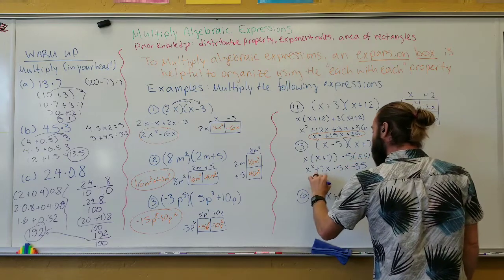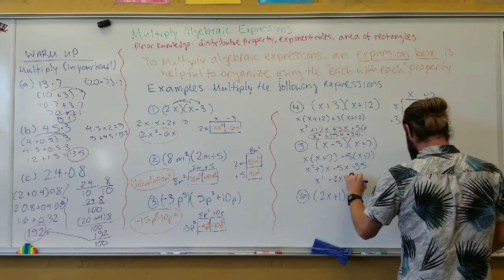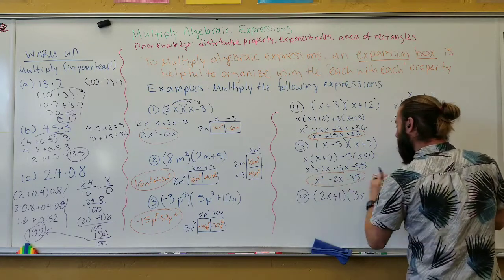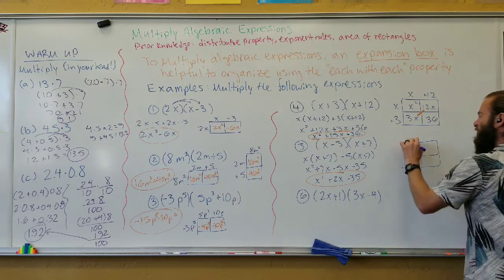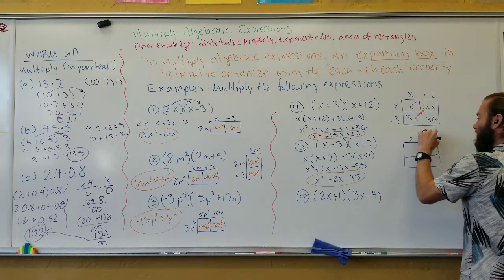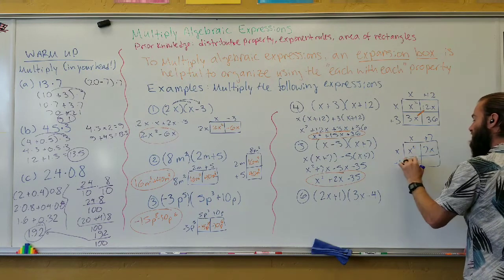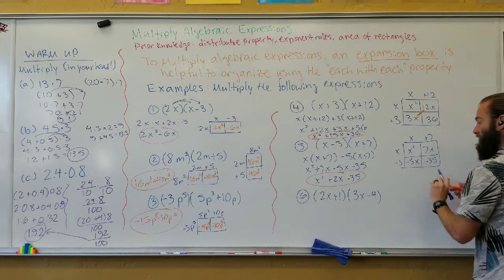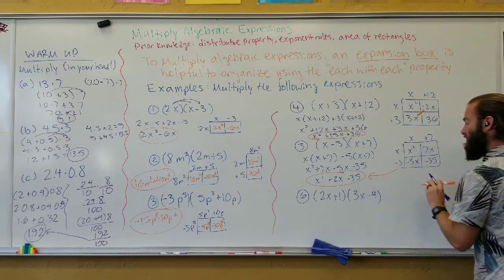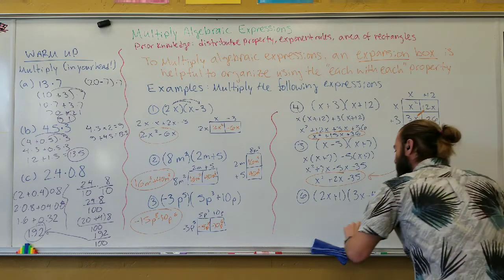And so I get x squared plus 2x minus 35. And then with the expansion box method, x plus 7, x minus 5 gives me x squared, 7x, minus 5x, minus 35. And again, if you add up all the pieces of the area, it ends up being the same thing. Let's look at the next one.